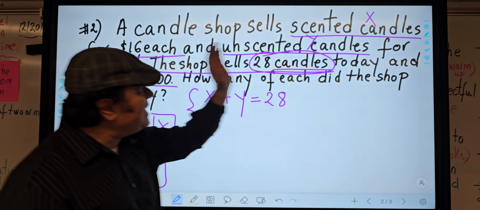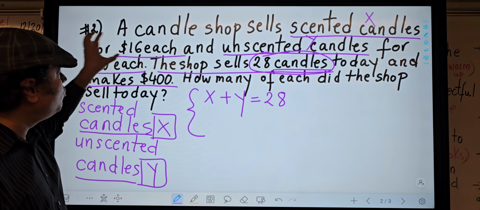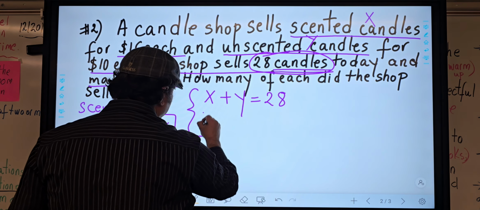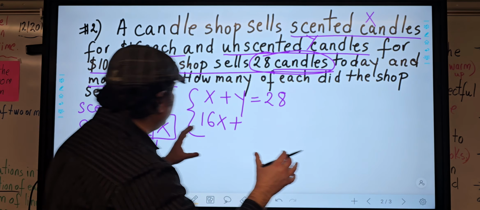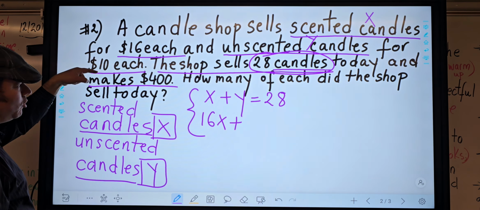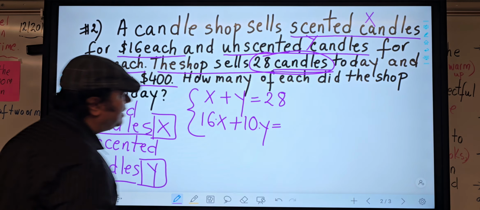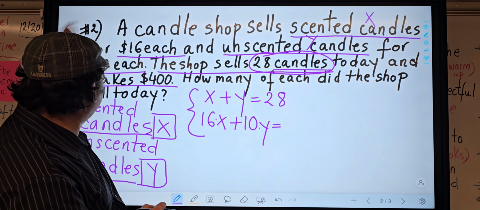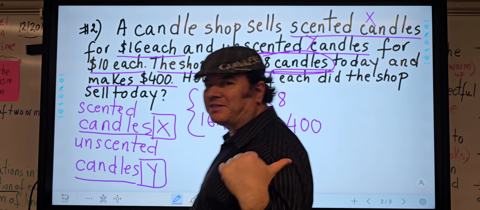The scented candles, which is X, are sold for $16 each, so we multiply 16 times X. So 16X, because we do not know how many there are. Plus the unscented candles, which are sold for $10 each, so plus 10 times Y, equals the money, $400. This is our second equation.